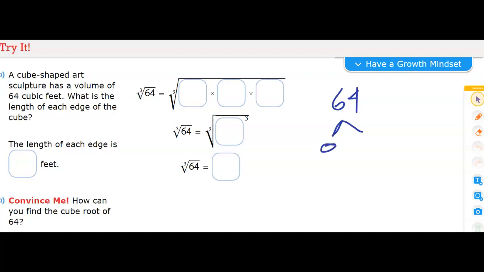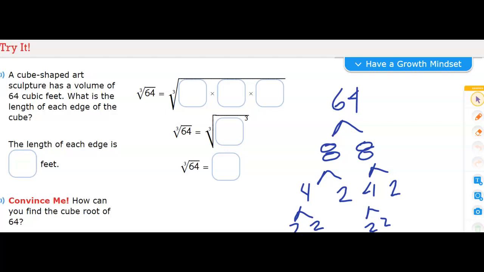So we know that 8 times 8 is 64. And we know 4 times 2 is 8. We know 2 times 2 is 4, and 2 times 2 is 4.